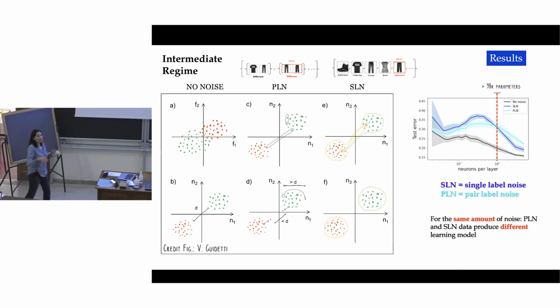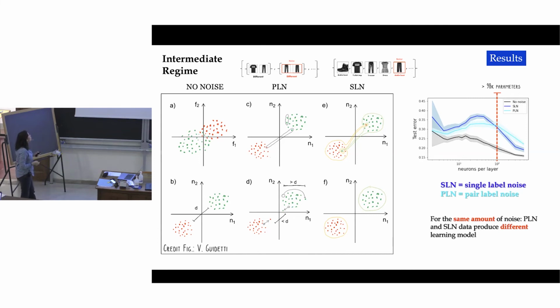What does the neural net have to do to overfit this mistake? Maybe it can just move this point here and already classify them as different, and move these two close to each other, already classifying them as equal. I can explain this noise this way.